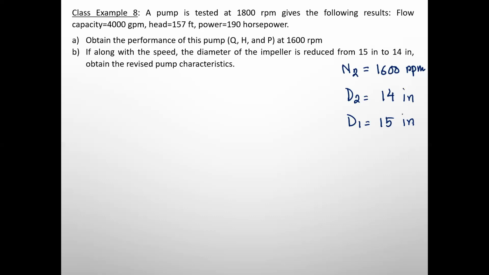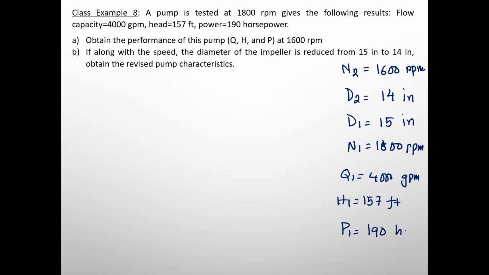All the other things are the same: N1 1800 RPM, Q1 is 4000 GPM, H1 is 157 feet, and P1 is 190 horsepower. Now again, we will do the same calculation here.